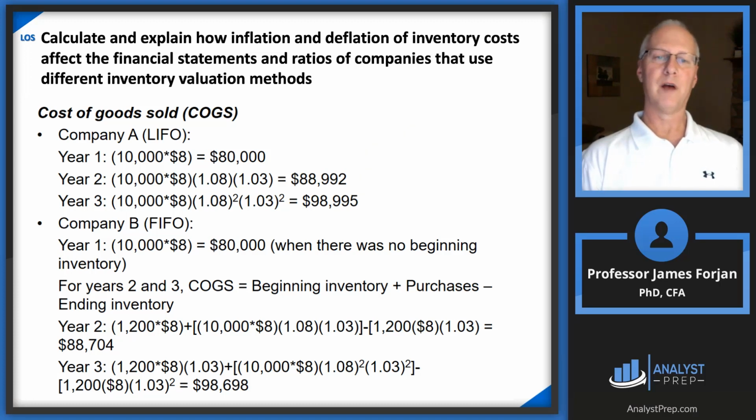But under FIFO, those cost of goods sold do not rise as quickly to reflect the difference in the sense that in the first in, first out, we're selling those older units.